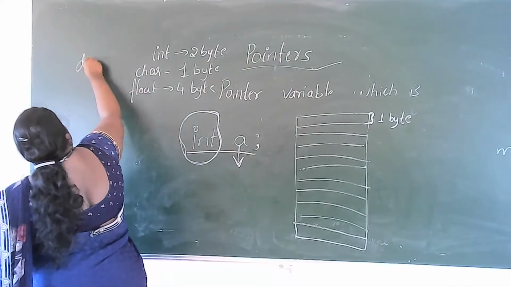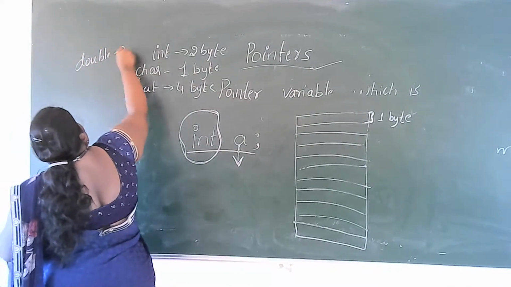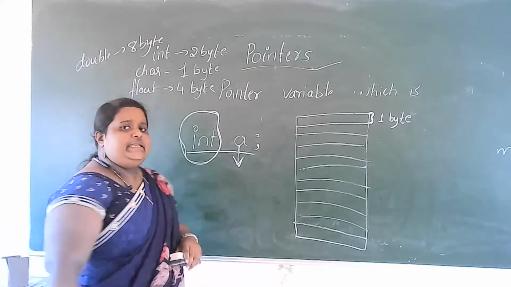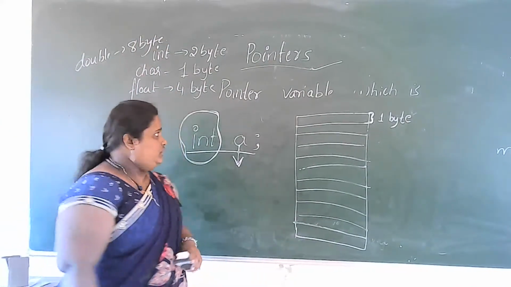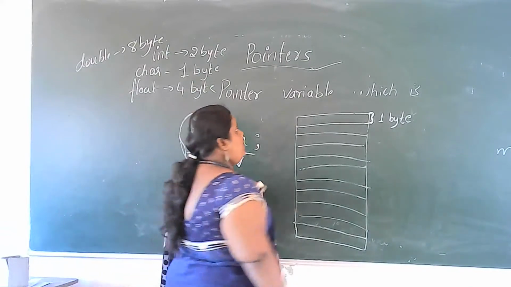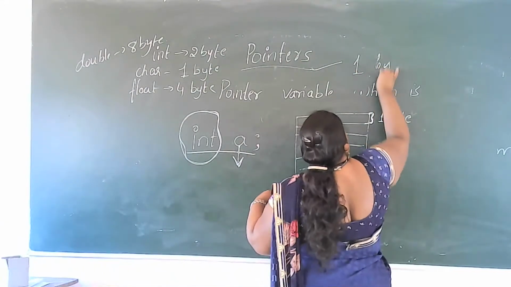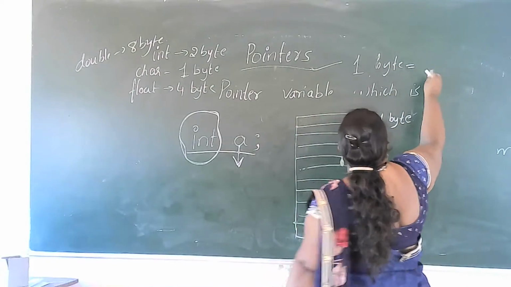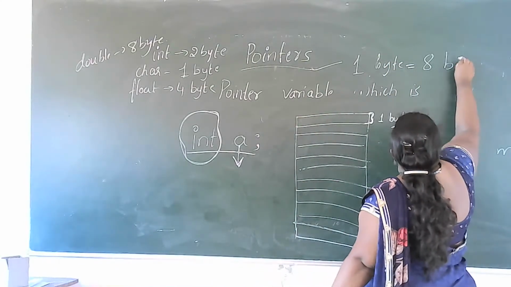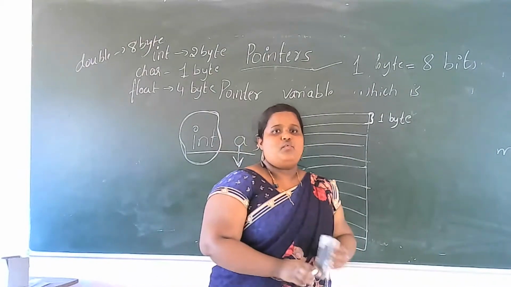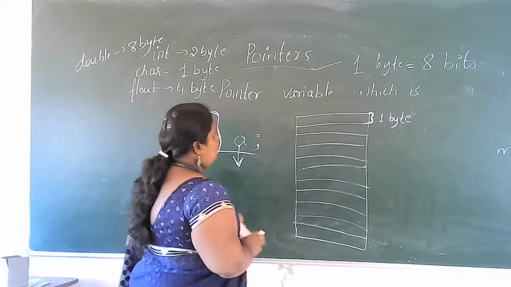If data type is double, then 8 bytes will be allocated. You all know 1 byte is equal to 8 bits.